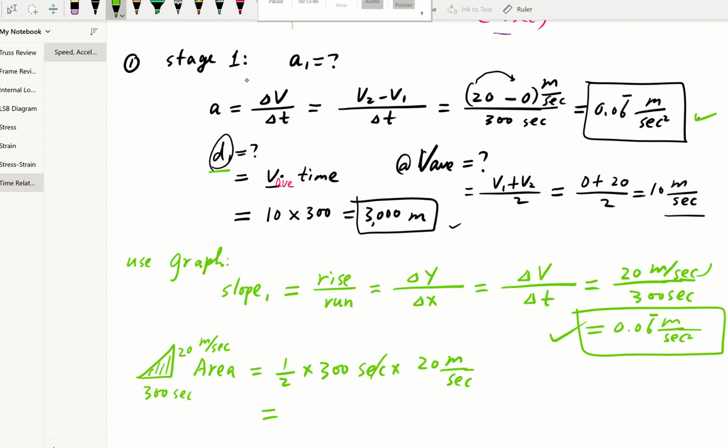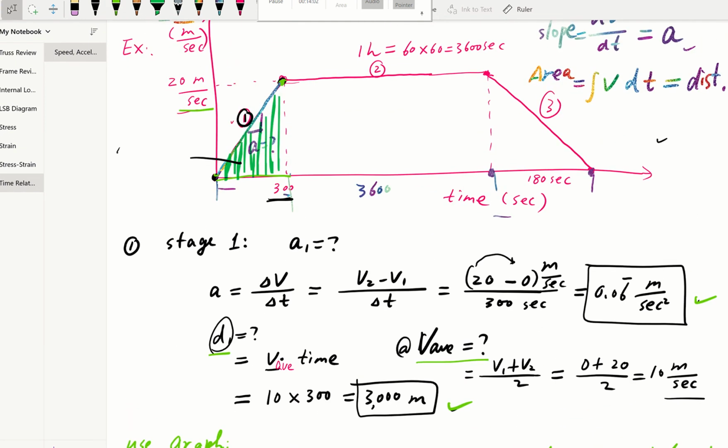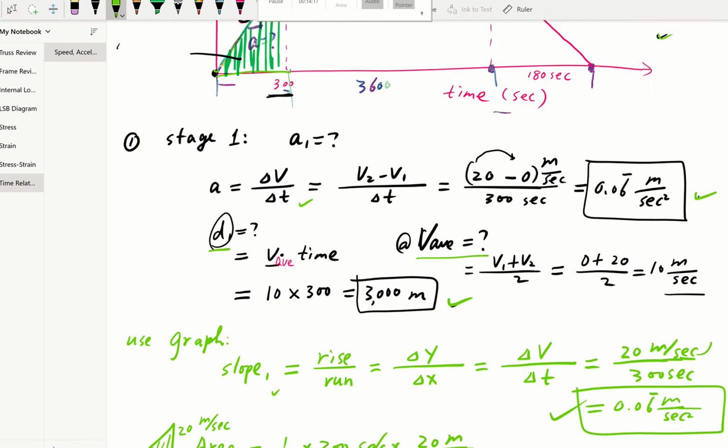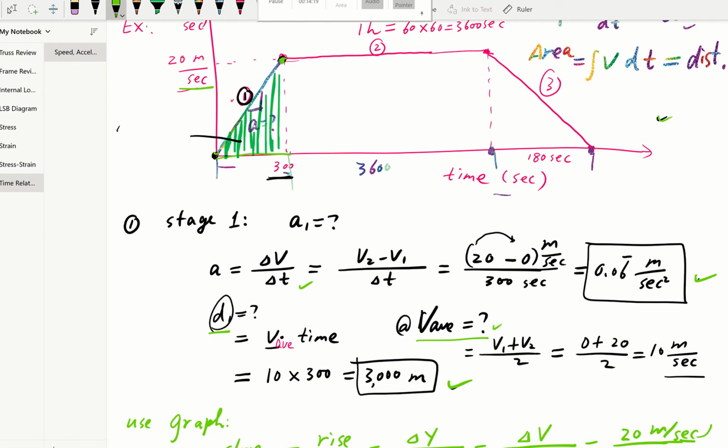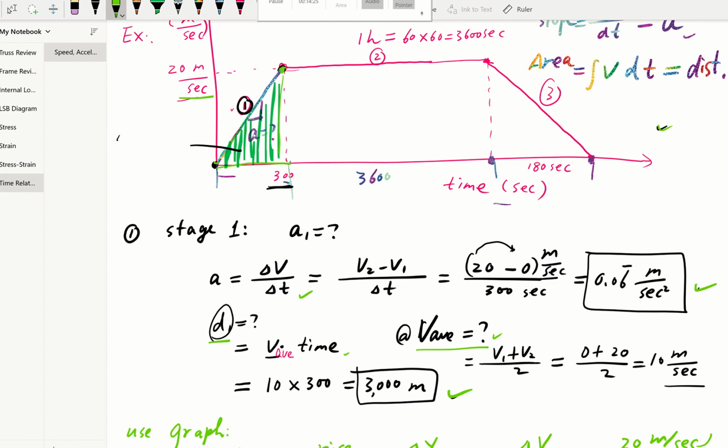The seconds cancel out. Then we will get 3,000 meters, which is the same answer as over here using average speed. So here you read the speed from this graph, and you can calculate acceleration using the formula or using the slope. You can figure out the distance using the average speed times time, or by using calculus, the area underneath the curve.